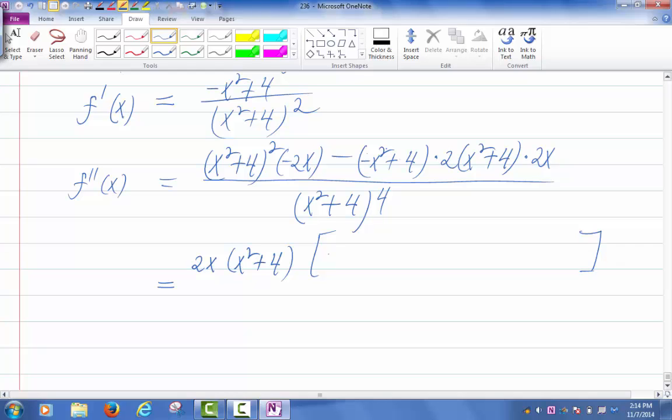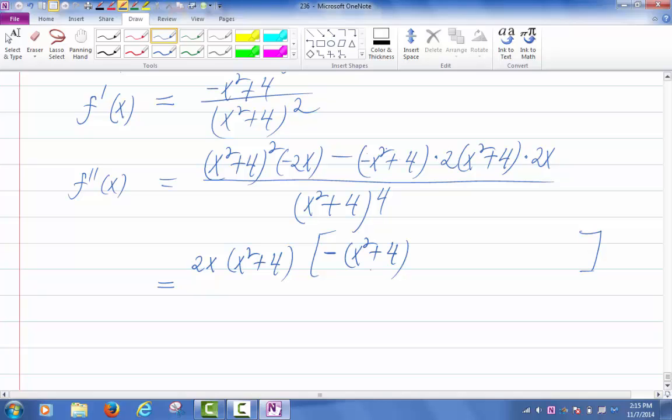Do I get negative x squared plus 4 from the first term? What are you going to do? You're going to divide the first term in the numerator by what you're factoring out. So if I divide the term x squared plus 4 squared times negative 2x by 2x times x squared plus 4, what do I get?